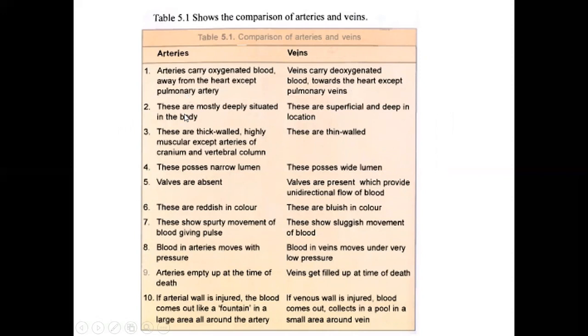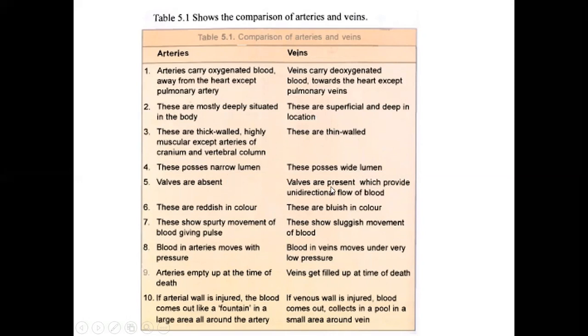Now, location: arteries are mostly placed deeply, whereas veins are superficially placed. Arteries are thick walled, highly muscular, except arteries of the cranium and vertebral column, whereas veins are thin walled. Arteries possess a small lumen, veins have a wider lumen.